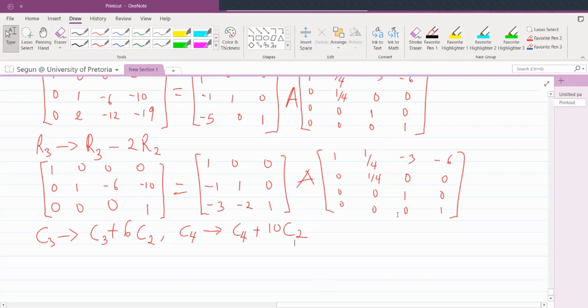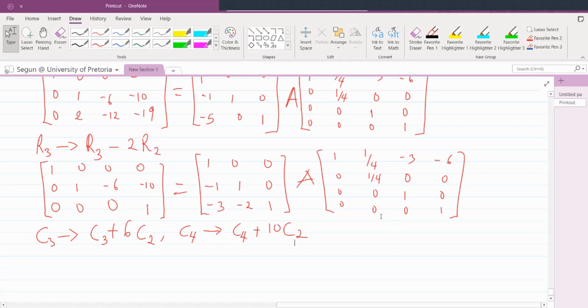Sir, I actually want to ask, is it possible we do this column before the row? In this particular situation, we must do the row first before the column. You can see that with respect to the row, the one we did last, like row 3.